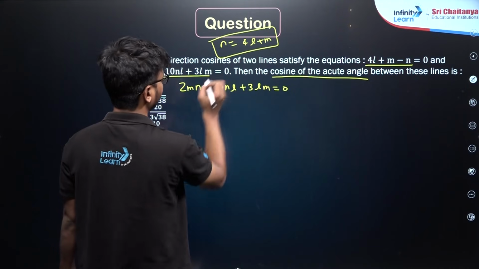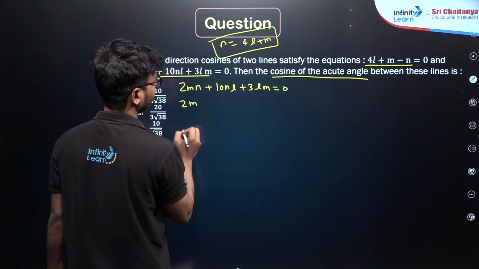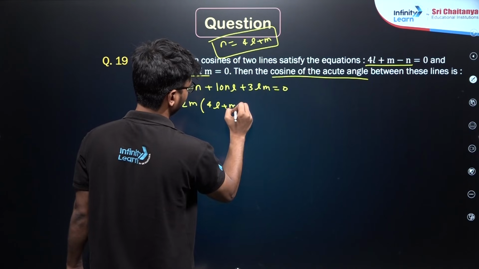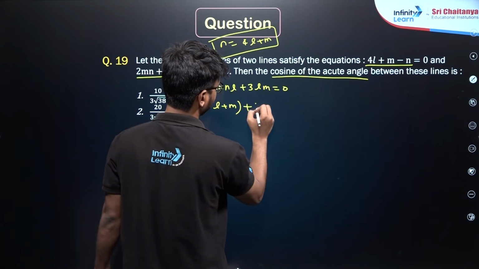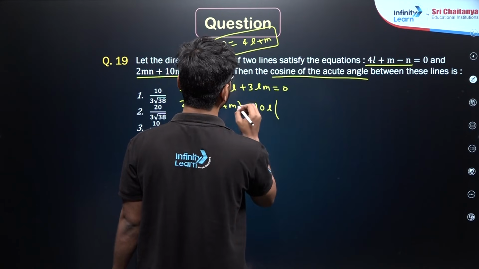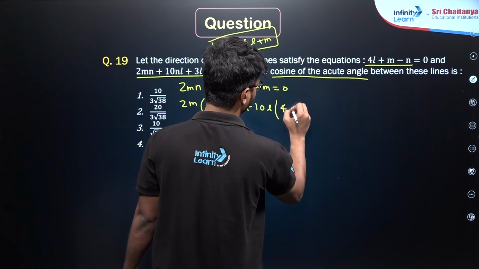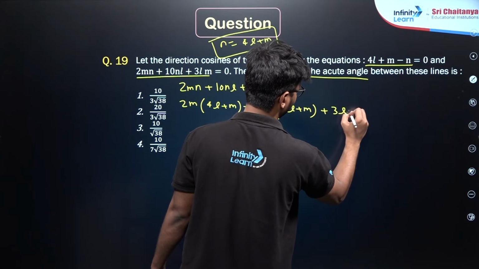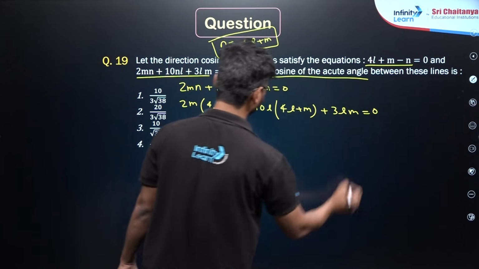So at the place of n I can substitute the value of n. So it will be 2 times m times (4l plus m) plus 10 times l times (4l plus m) plus 3 times of lm equals to 0.